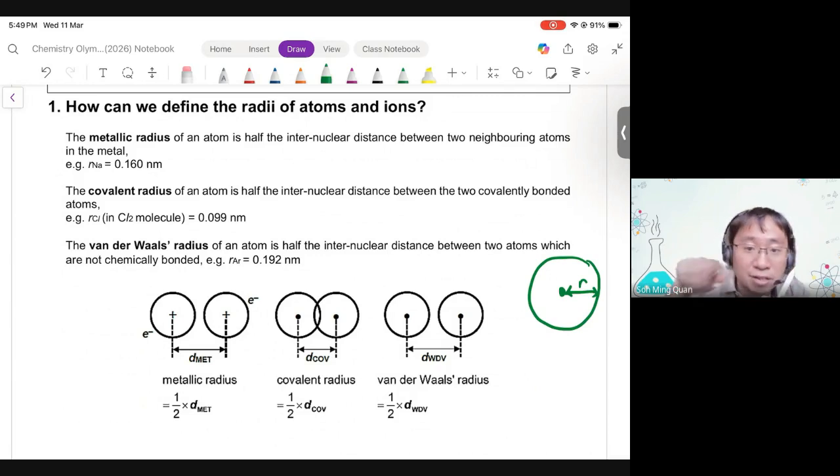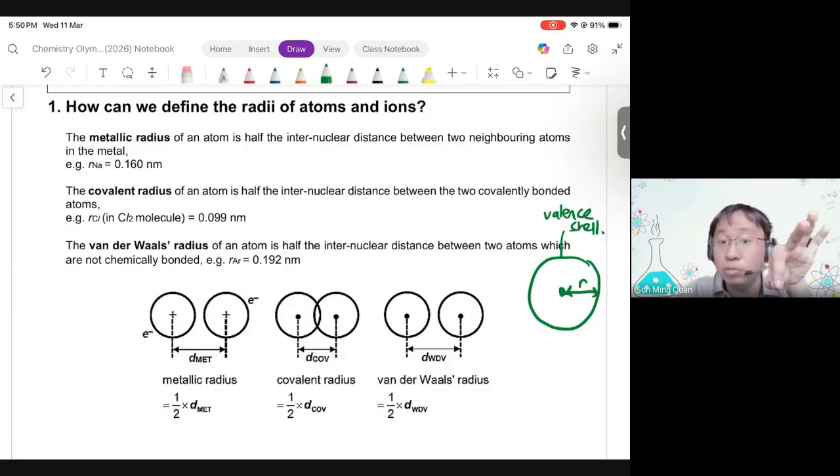So now let's relate this to our atoms and ions. Outermost what? Outermost shell. Do you realize now? The radius of an atom, very simply put, could very well be the distance from the center of the nucleus to the valence electron shell. That is the radius of the atom.